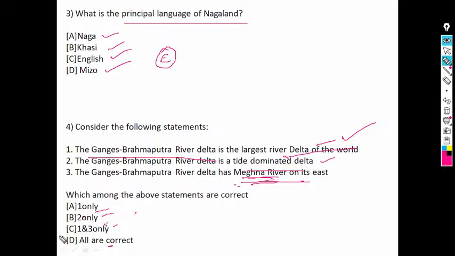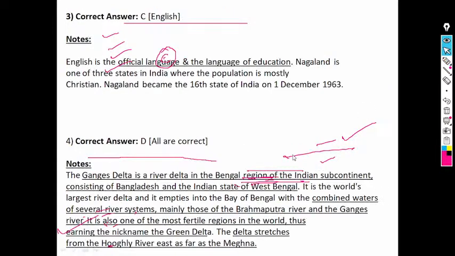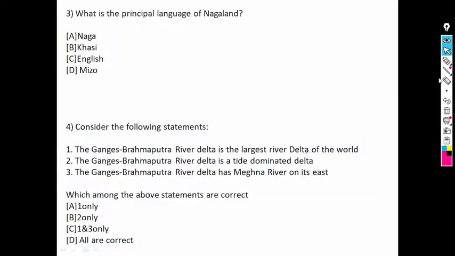So here 1 and 3 are correct. Sorry, I'm sorry, D is correct, all are correct. It's a tide dominated delta, basically tides.